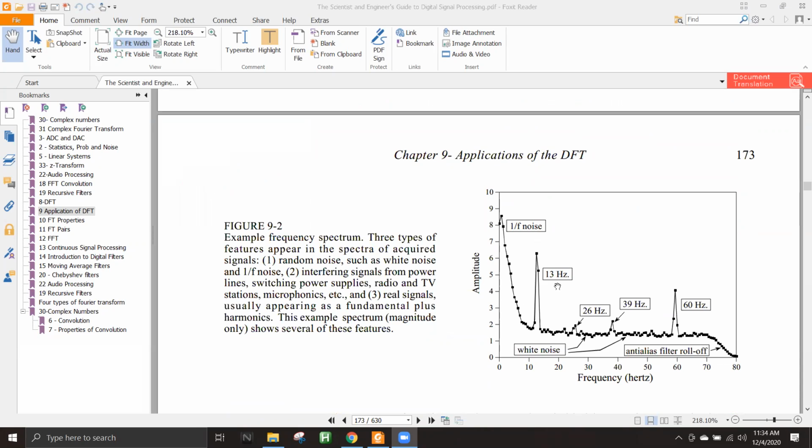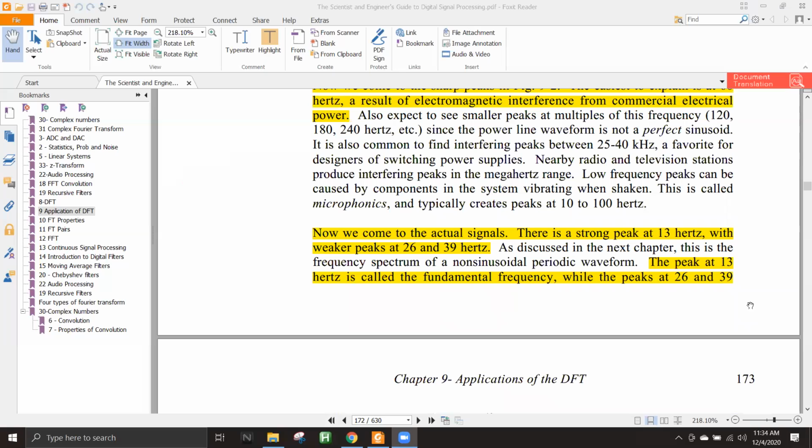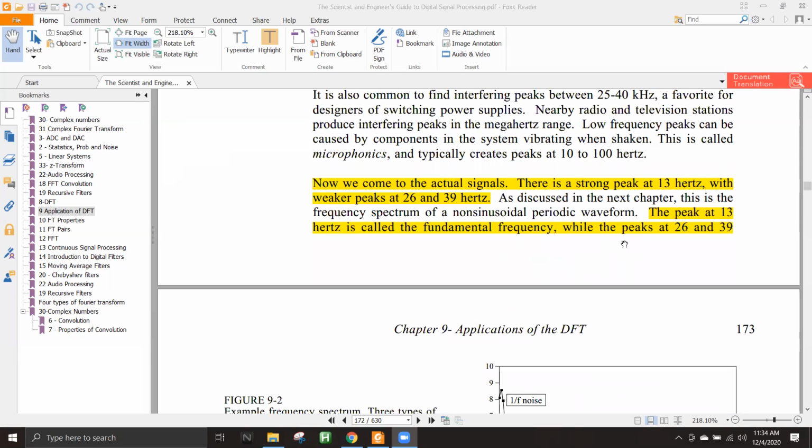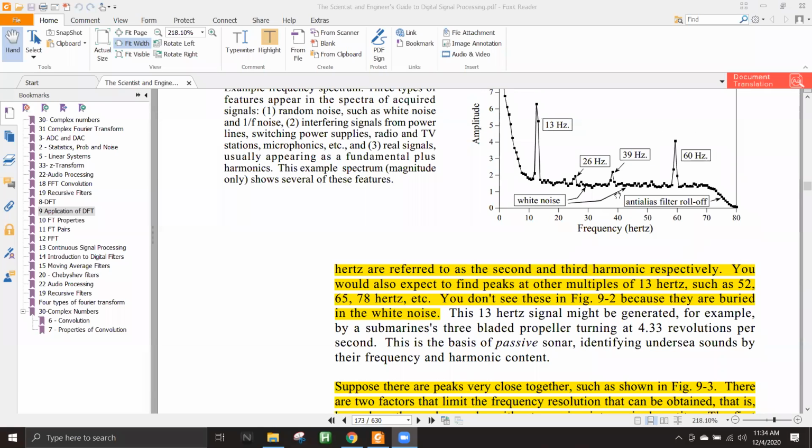The fundamental frequency will have the sharpest peak, and any multiple of it, that means for different values of k, will also have peaks, and those are known as the harmonics. The peaks at 26 and 39 are referred to as the second and third harmonic respectively. There are infinite harmonics, second, third, fourth, but you won't see all of them. Why?